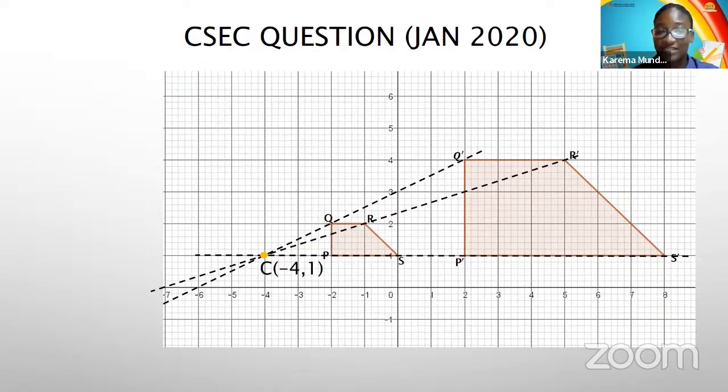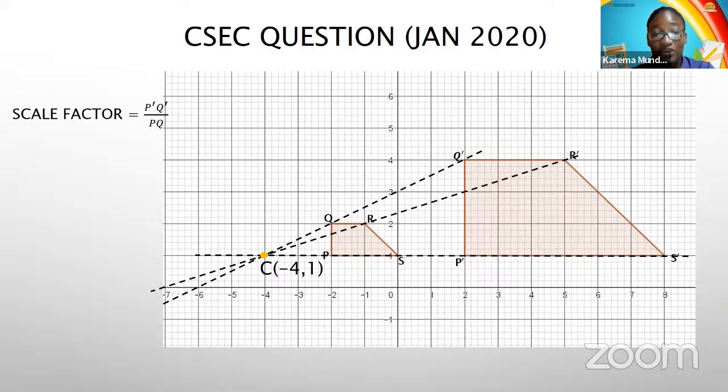So remember, they said center C with coordinates A, comma B. Galaxy, you're going to lead, because you have identified A and B, which is what they want you to do: say what the coordinate is. Now let's talk about the scale factor. Remember, we have to check a length on the image and divide it by the corresponding length on the object.